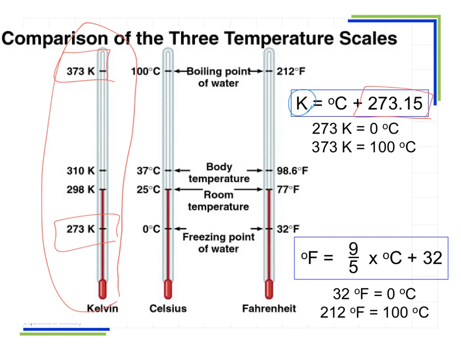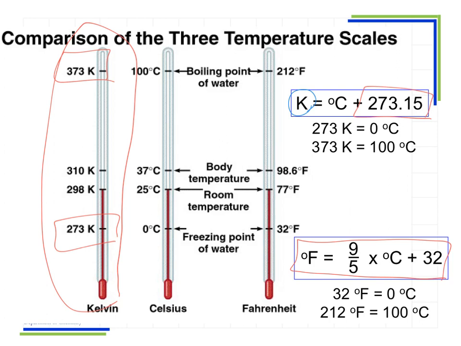For Fahrenheit, it's a little bit different. You have to memorize this formula here, and the way I memorize it is this ratio 5:9. I got it from someone and it just sticks in my mind, so I think it might help you.